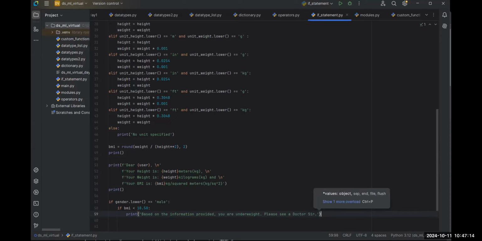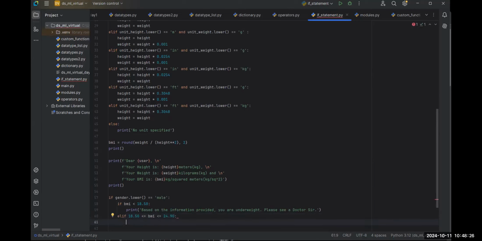Elif. After that, what else are we doing? We have said if this happens, do this. Now elif, that's else if, for any BMI greater than or equal to 18.5 and BMI less than or equal to 24.9. That's what we are trying to achieve. So it will start from 18.50 less than or equal to BMI, now less than or equal to 24.9. What should it do?